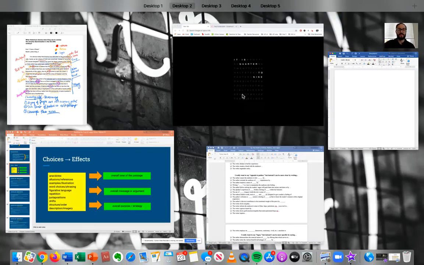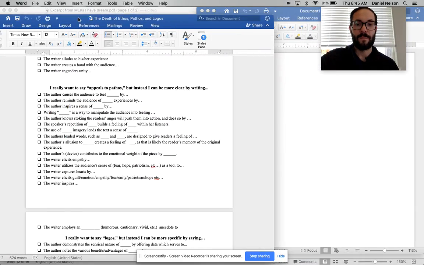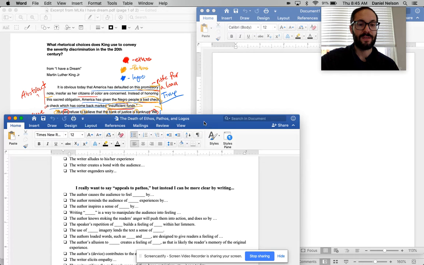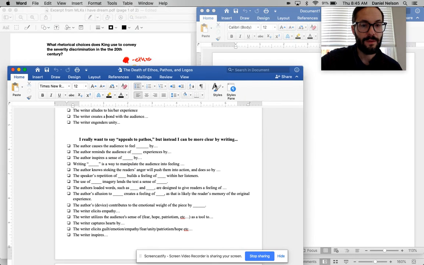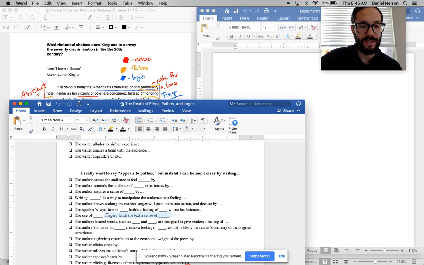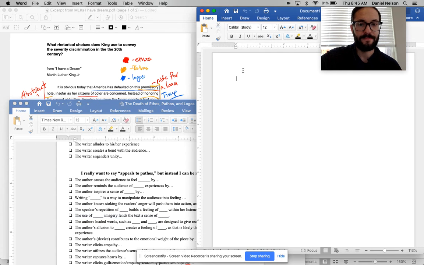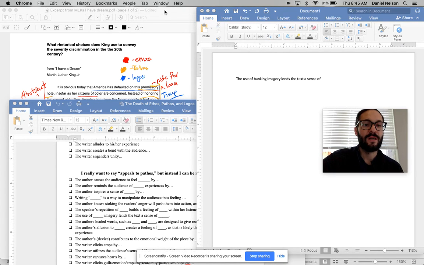Let's think about pathos. So I'm going to pull up this document. Okay, I found a good one. The use of banking imagery lends the text a sense of what?